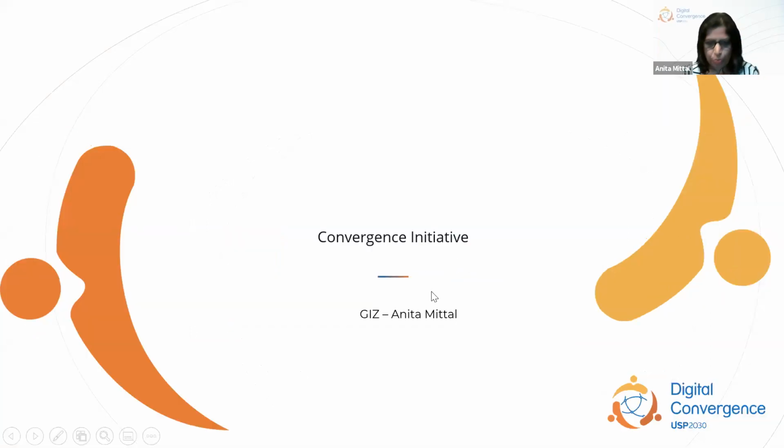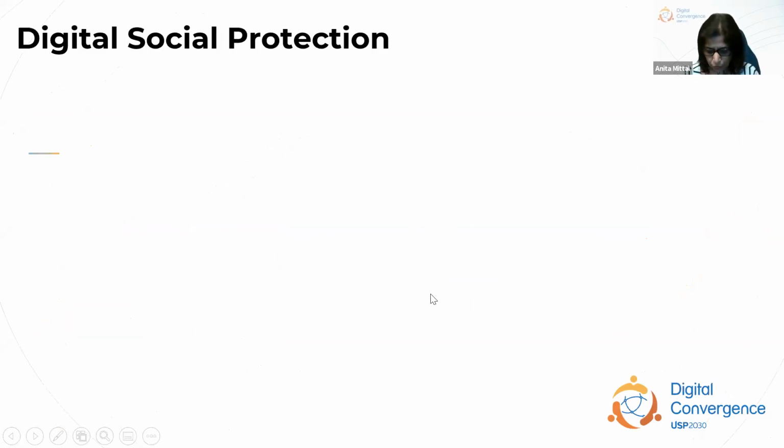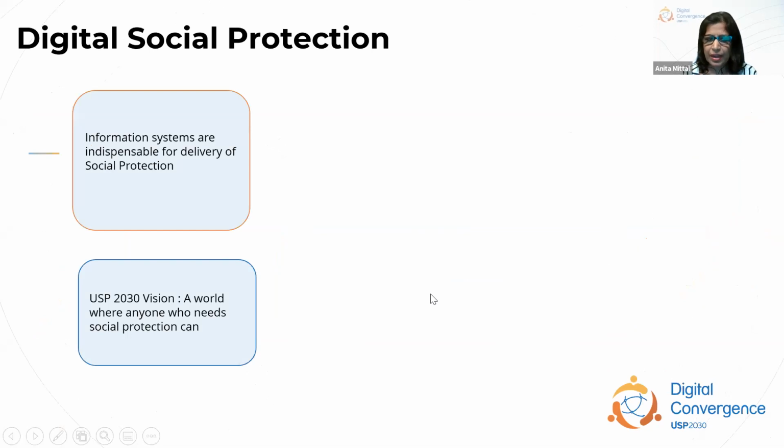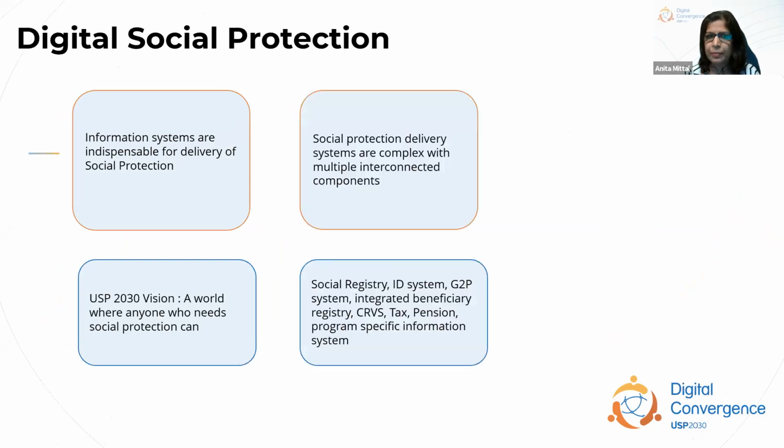Thanks for the opportunity to present and pitch the Convergence Initiative. So what we have heard from Alexandra is that when countries wanted to respond to the crisis caused by COVID, they all resorted to information systems. So we know that information systems are indispensable for delivery of social protection and achieving the vision that anyone who wants social protection can get it.